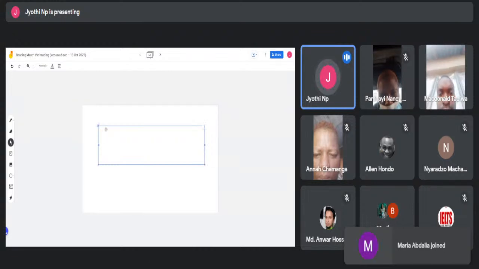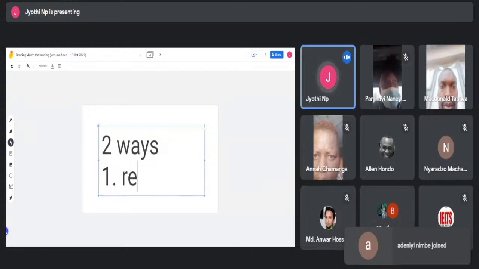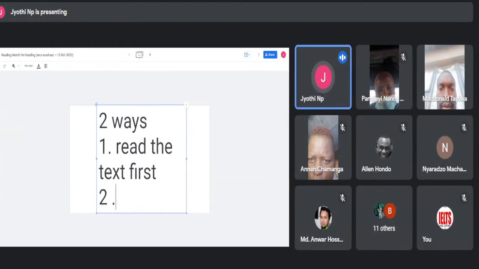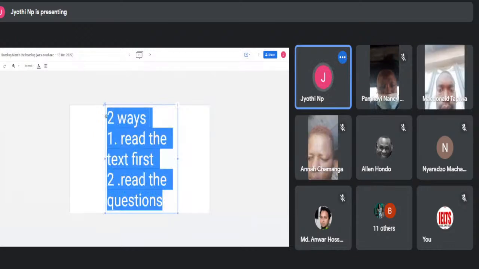Okay, so the match the heading questions can be done in two ways. One is where you read the text first, and the second one is where you read the questions first. That's the title. Okay, we have to read the text first.